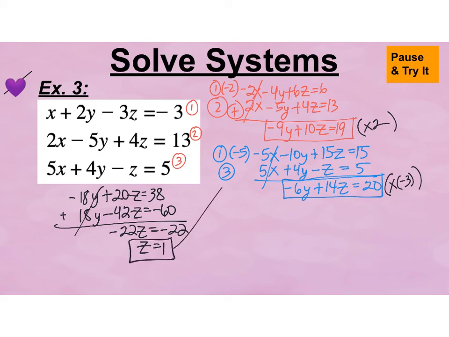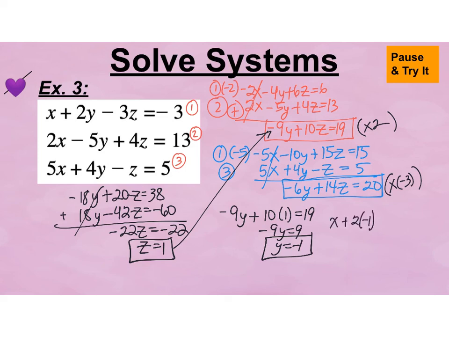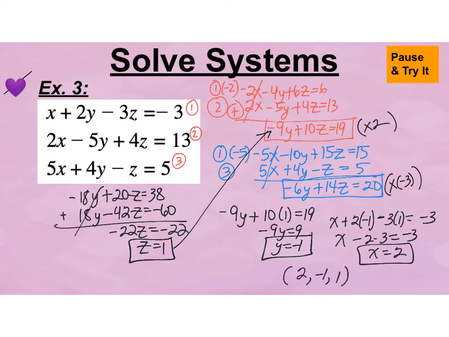I'm going to plug it back into my first one to solve for y. And y equals -1. I'm going to go back and plug into my very first equation to now solve for x. And x equals 2. Our ordered triple is 2, -1, and 1, x, y, z.